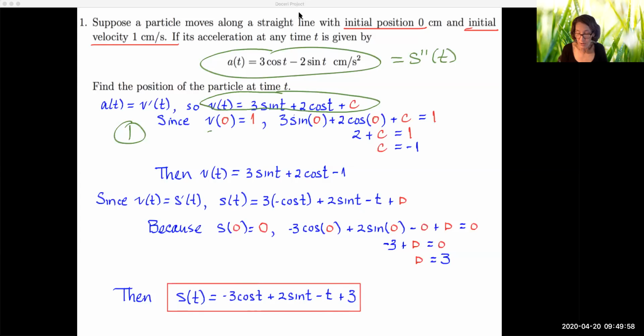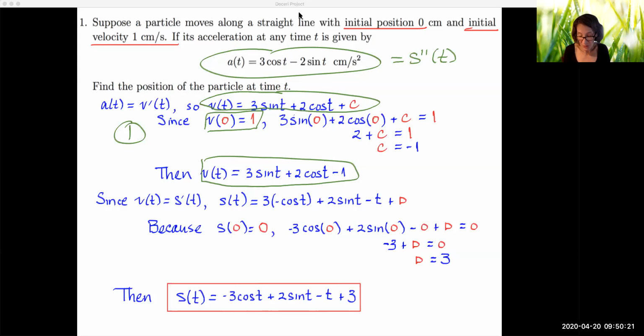And then we used the initial value of the first derivative, because the initial velocity is equal to 1. So v of 0 equals 1. We used that to get the actual velocity function.